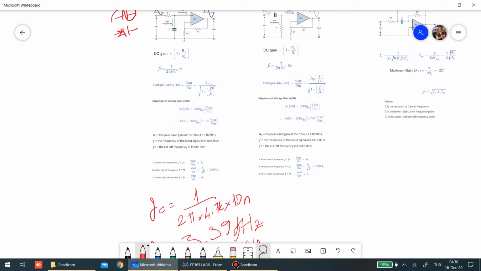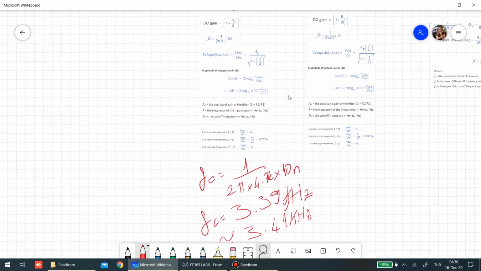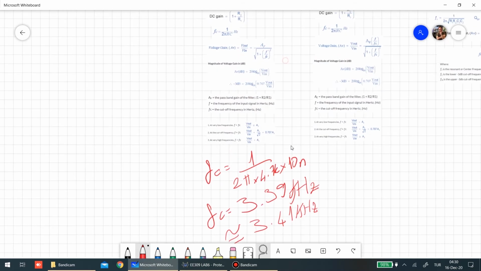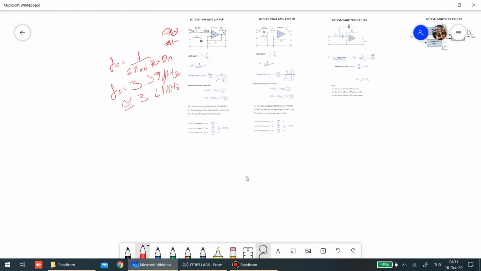in terms of passband gain of the filter? AF is equal to 1 plus R2 over R1.